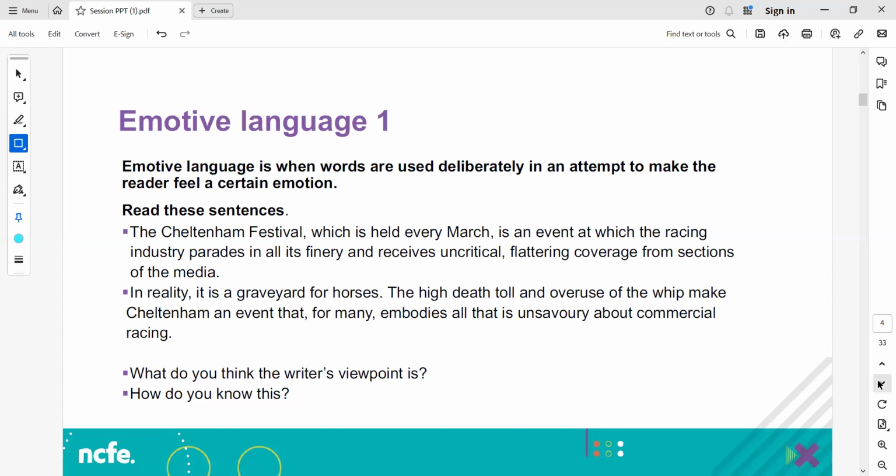It is a graveyard, high death toll, the whip, the unsavoury. It embodies all that is unsavoury. So the writer has chosen the words carefully to persuade the reader to feel a certain emotion, to try and elicit that emotion from the reader.